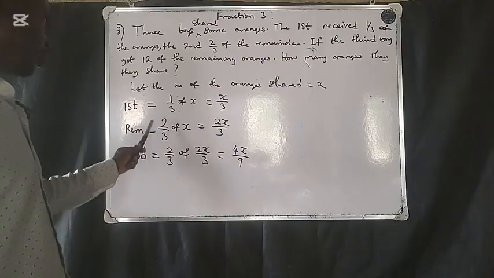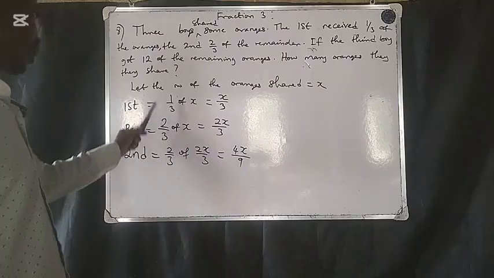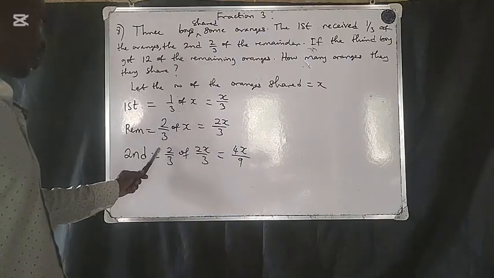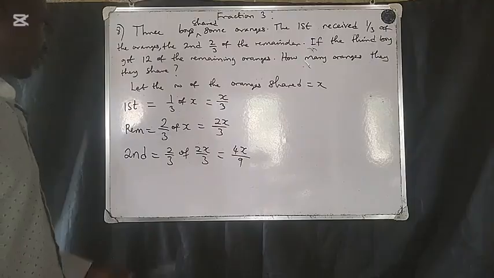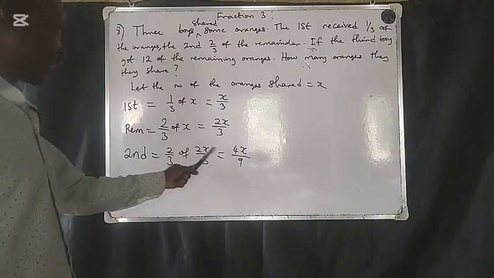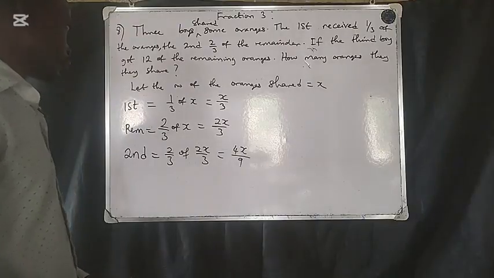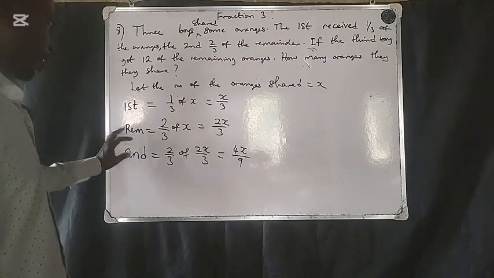The 2/3 here is different from this 2/3 here. 2/3 here is the remainder. 2/3 here is the second boy's share of the remainder. And when you multiply 2 and 2x, you get 4x. 3 times 3, you get 9. So we are done with the first boy's share and second boy's share.